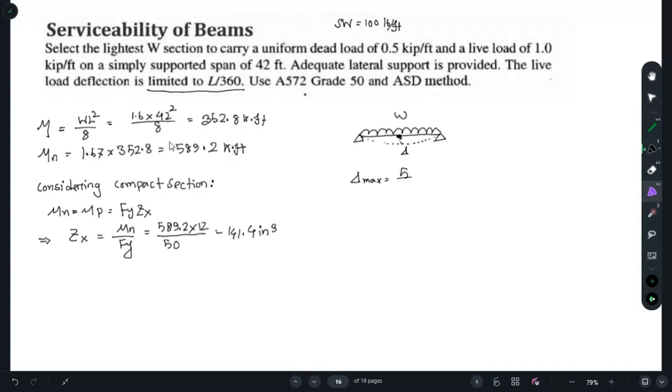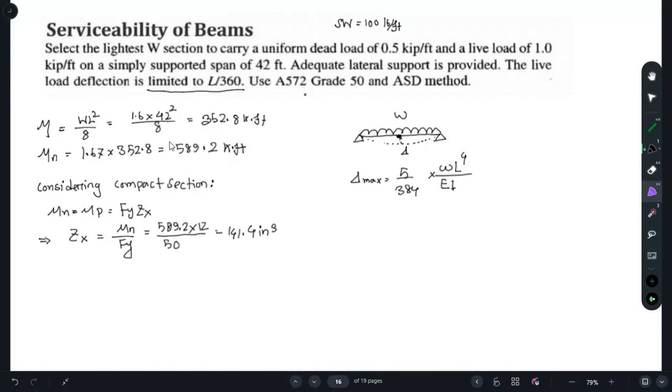5 over 384, multiplied by the UDL you have, the span length L to the power 4, over the modulus of elasticity of steel or material, and the I value. So from here we'll find out the I value since we will limit deflection.